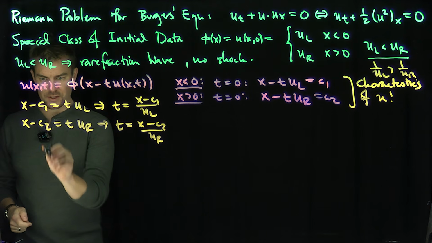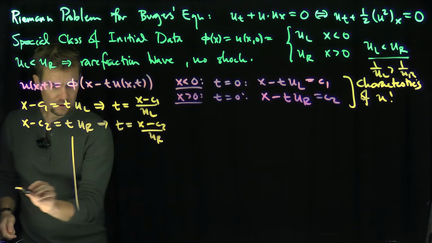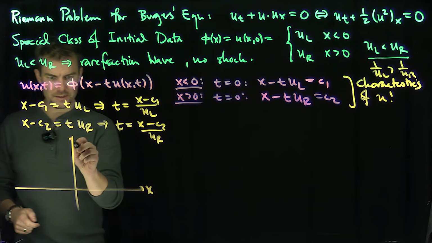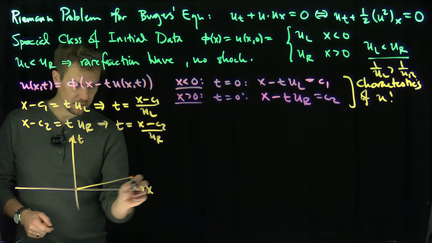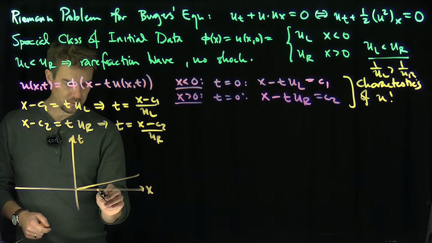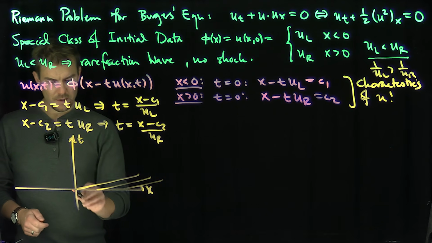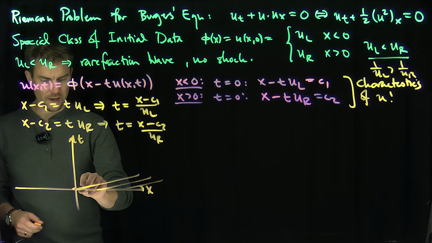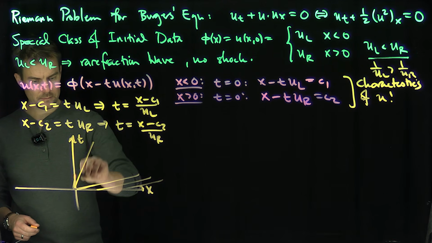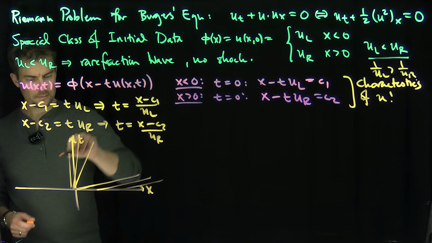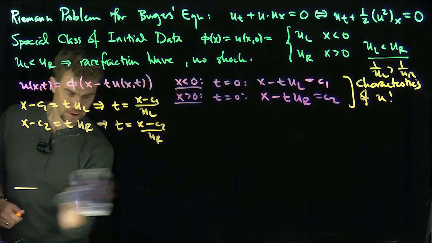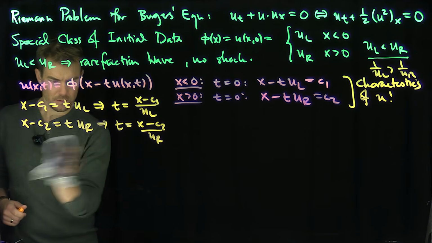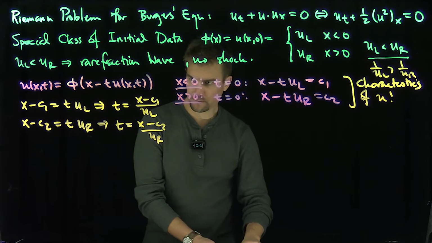So let's think about what the situation looks like. If we have our x-axis here and our t-axis here, we have very small slopes over here, and over here we have very large slopes. Let me draw this a little bit better. Let's redo that so the picture is clear.